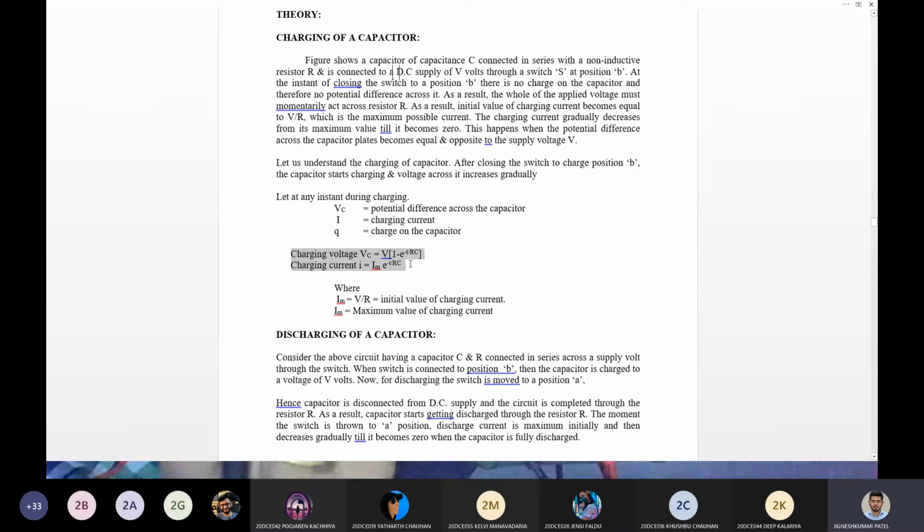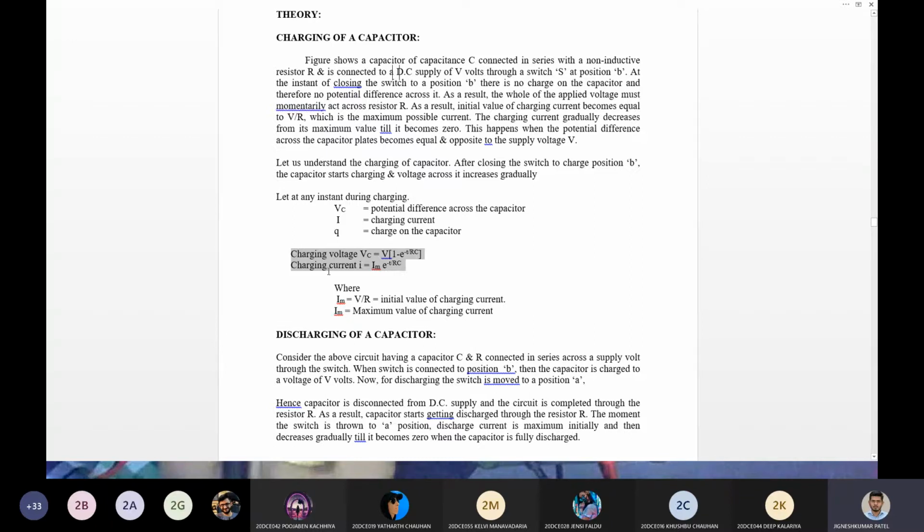This equation won't be asked in your examination. In practical, it can be asked what the equation of charging voltage and charging current is. So you just have to remember these two equations. How to derive them won't be asked in the practical or the theoretical exam. So do not worry about it.